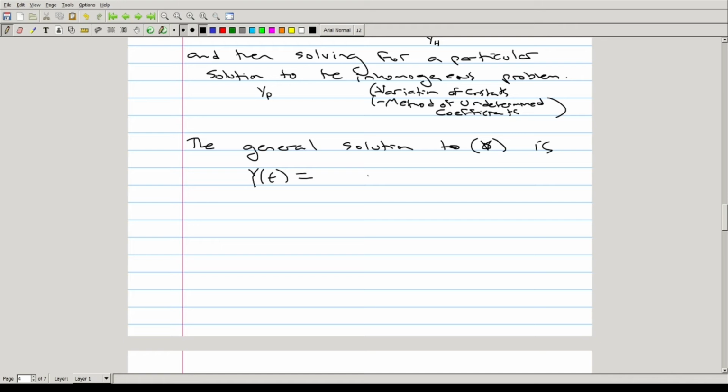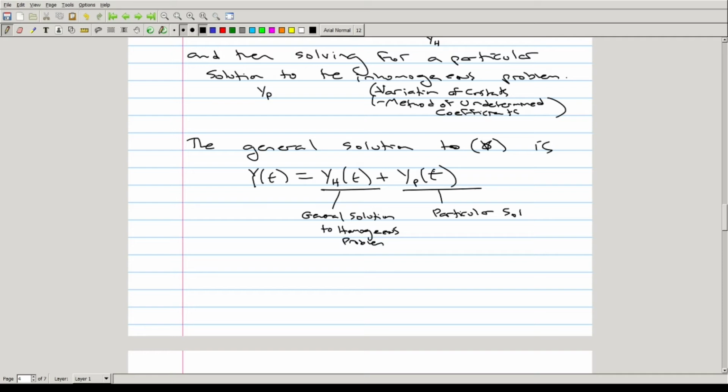So y of t will be equal to yH of t plus yP of t, where this is the general solution to the homogeneous problem, and this is a particular solution to star.